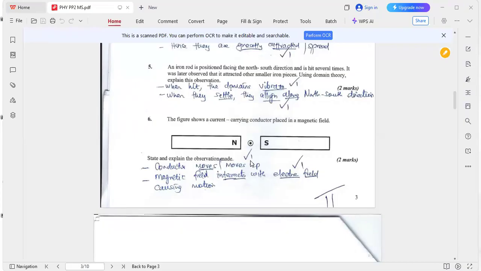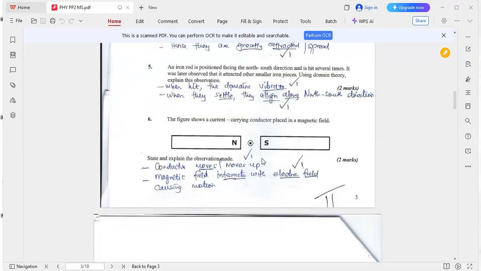That's the observation. You score the first mark by saying the conductor moves up. Then for the explanation, you say the interaction between the field of the permanent magnets and the magnetic field due to the electric current produces a force moving the conductor upwards.